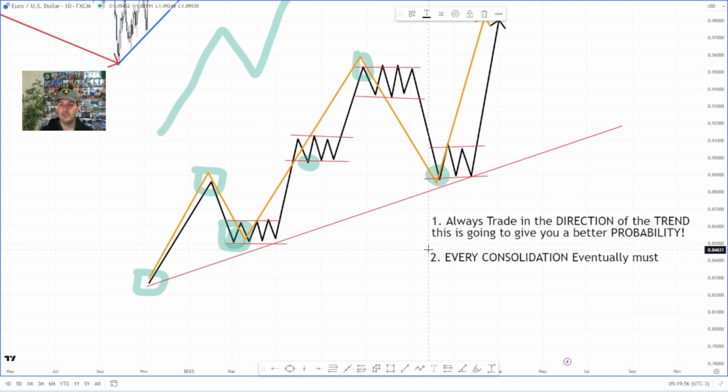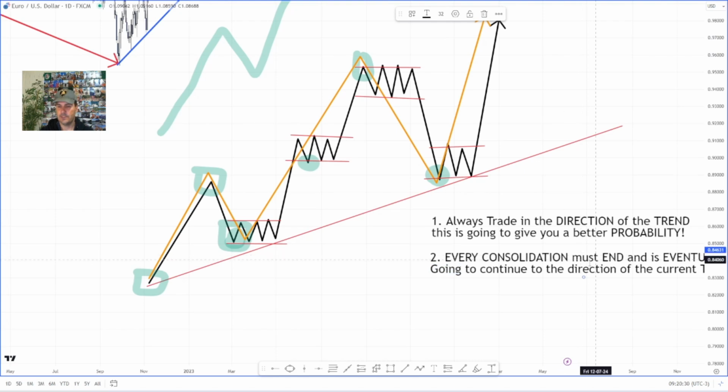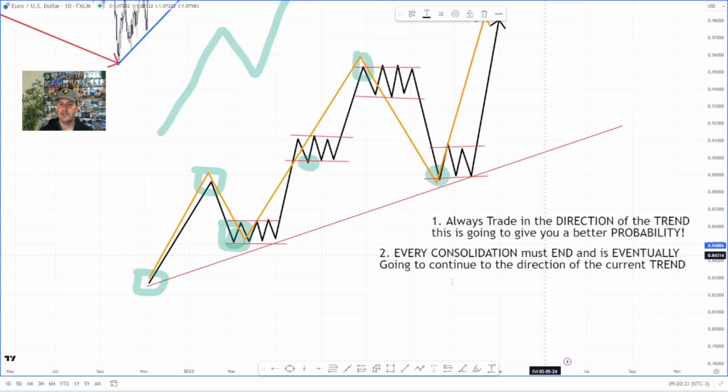Every consolidation must end and is eventually going to continue in the direction of the current trend.